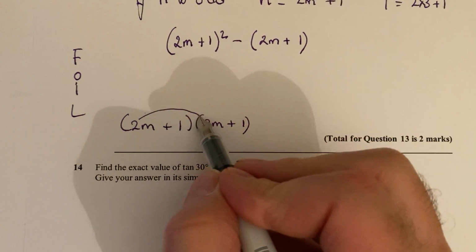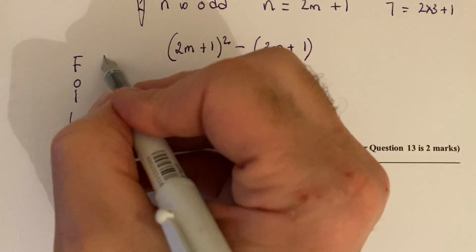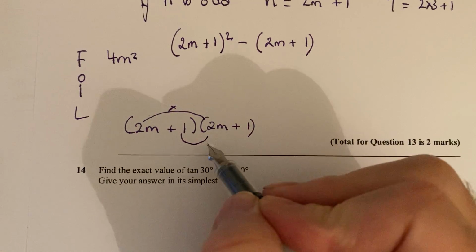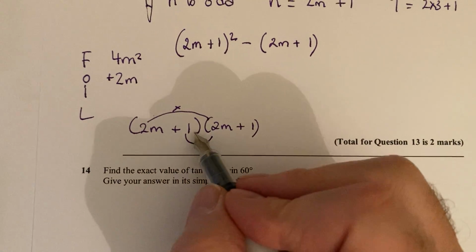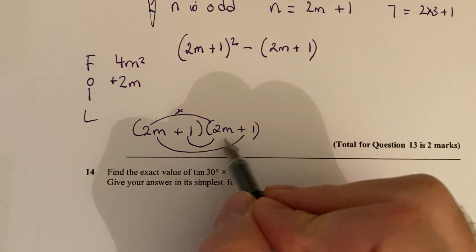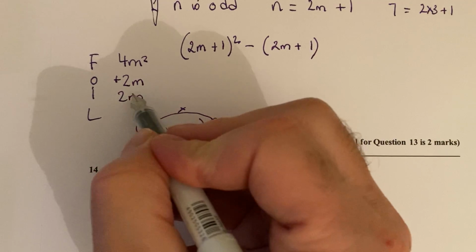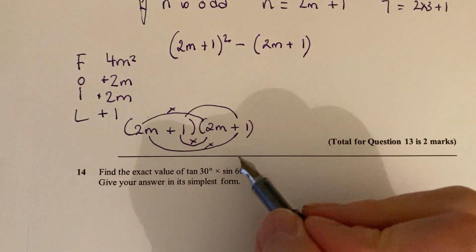So don't forget, multiplication arm, first one, 2m times 2m is 4m squared, remember. Inner one, 1 times 2m. So that was outer one now. I didn't even get it wrong. 2m times 1, 2m. And then lastly, 1 times 1, and it's a plus times a plus.